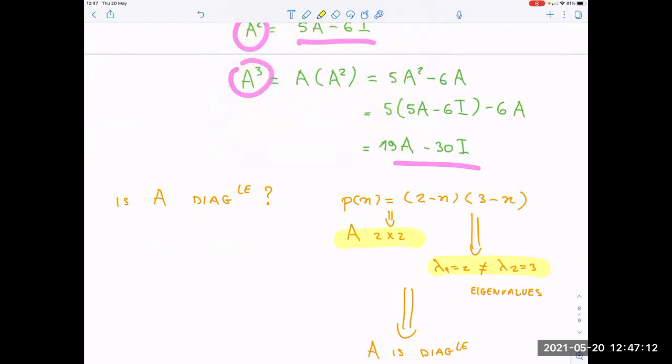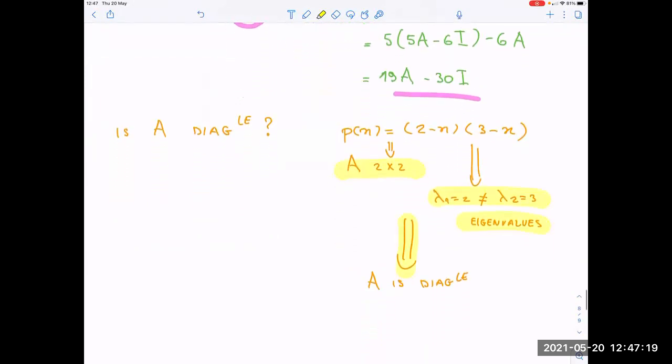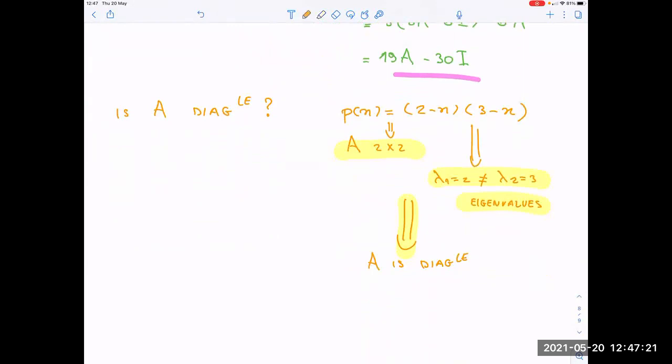Perfect. Okay, what about A squared and A cube? So here the answer is yes. And what about A squared? What do you think? Is A squared diagonalizable? Yes, no, it depends.